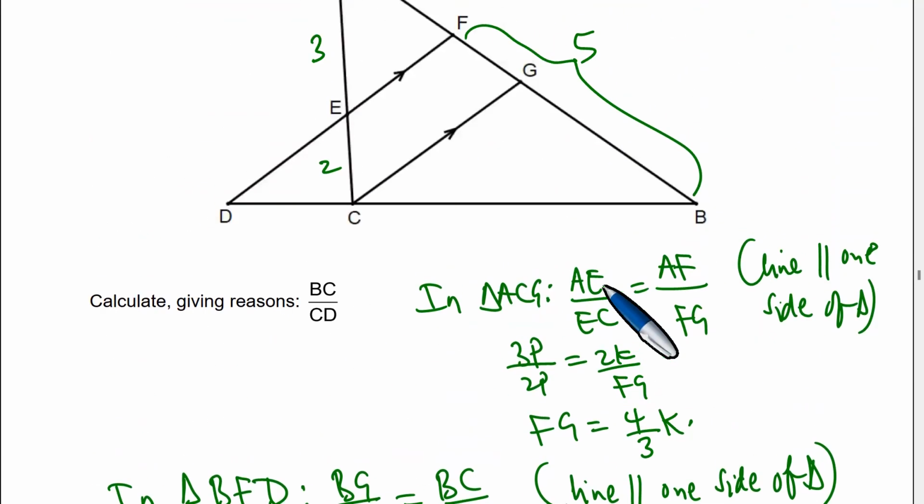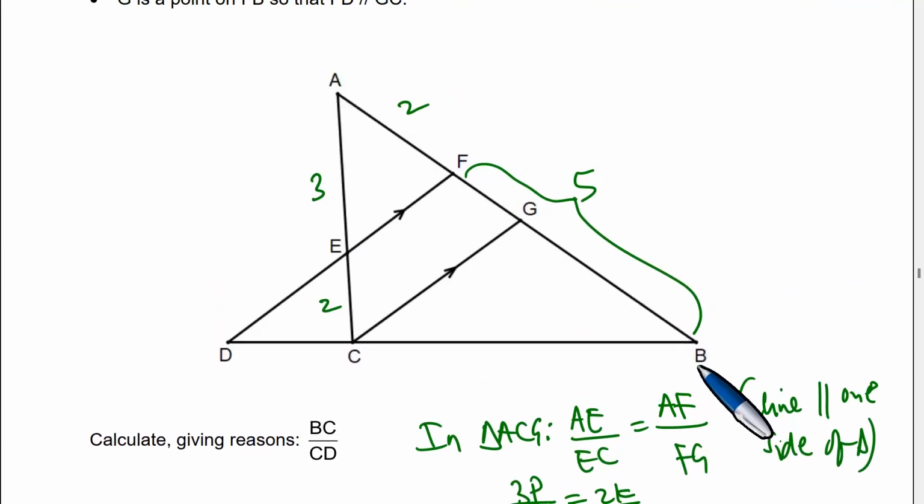Now if you look at your BG part, there are a couple of things you can always consider at this point. You can use the ratios we know, for example 3 out of 2. If this is parallel to this, what do you get?